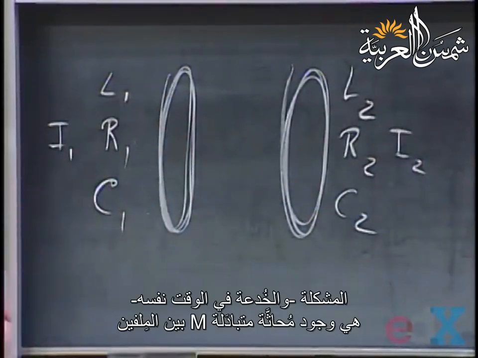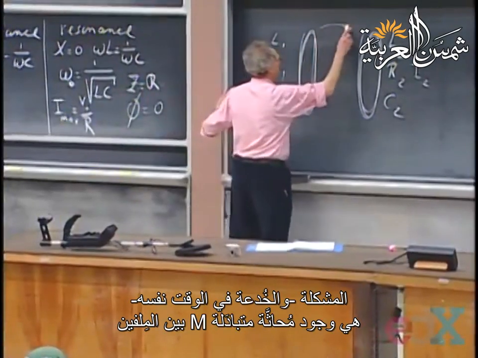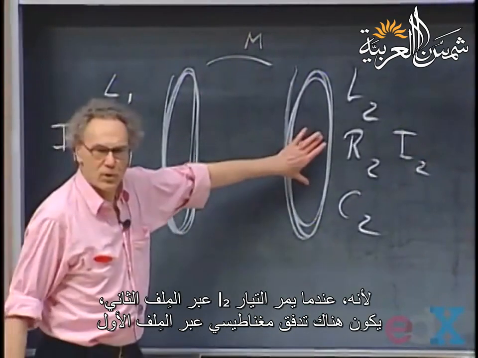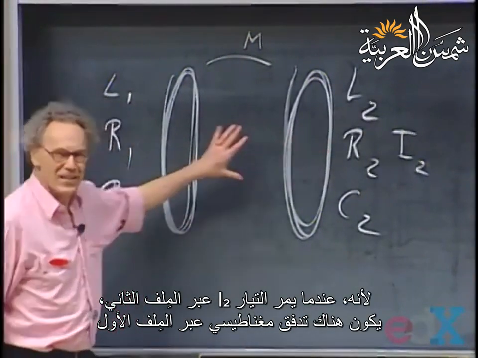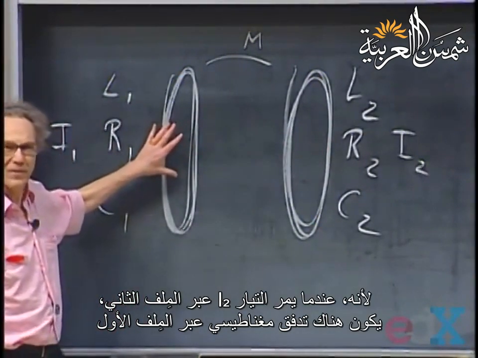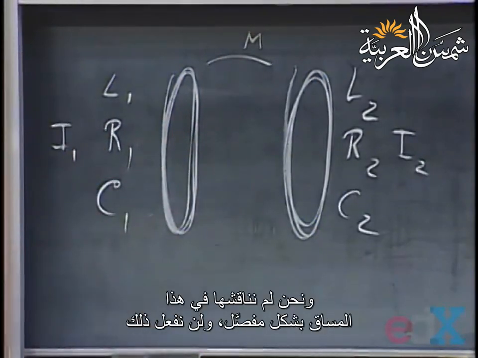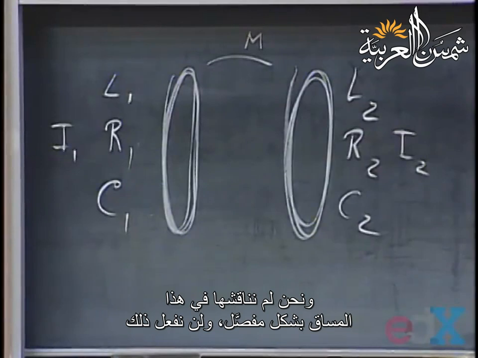The problem, but at the same time the trick, is that there is a mutual inductance between the two, because when this one produces a current I2, there is a magnetic flux going through this one. That's why we call it mutual inductance, which we have never really dealt with in any detail in 802, and we won't.